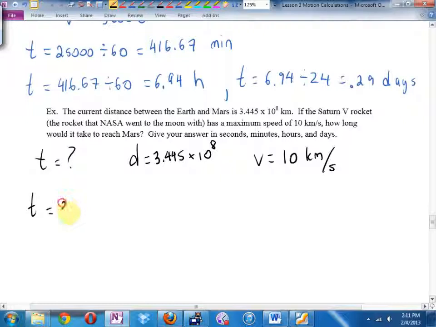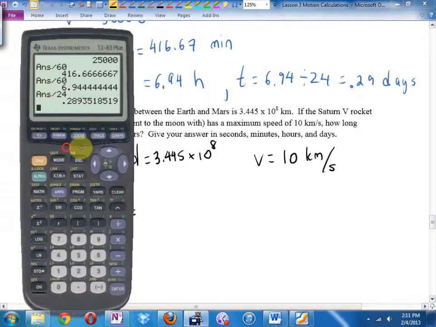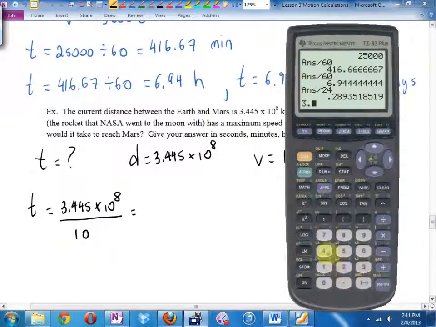It's going to be 3.445 times 10 to the 8th divided by 10.